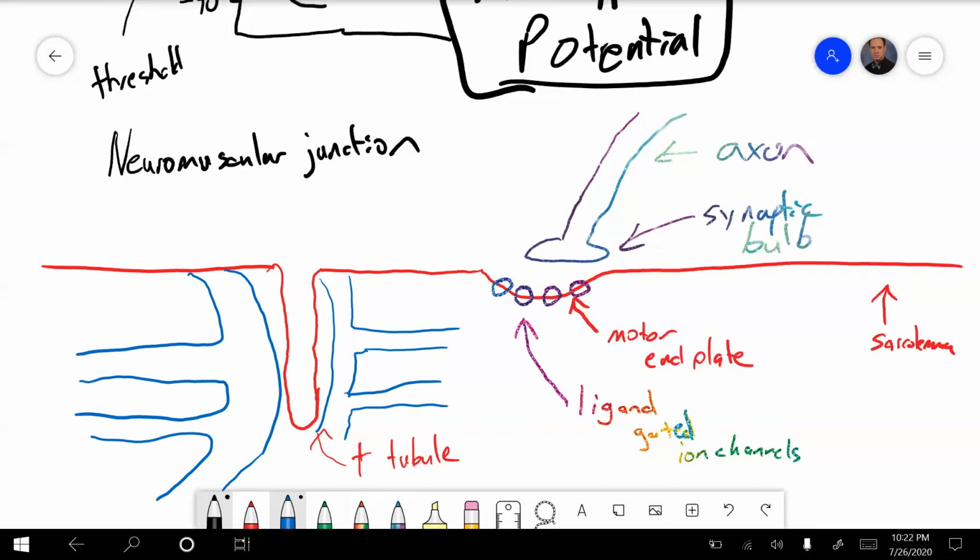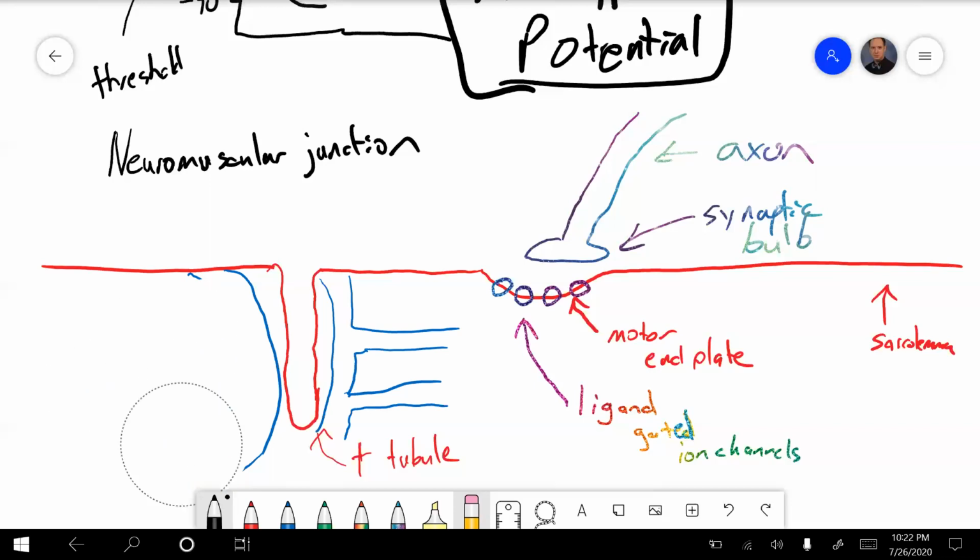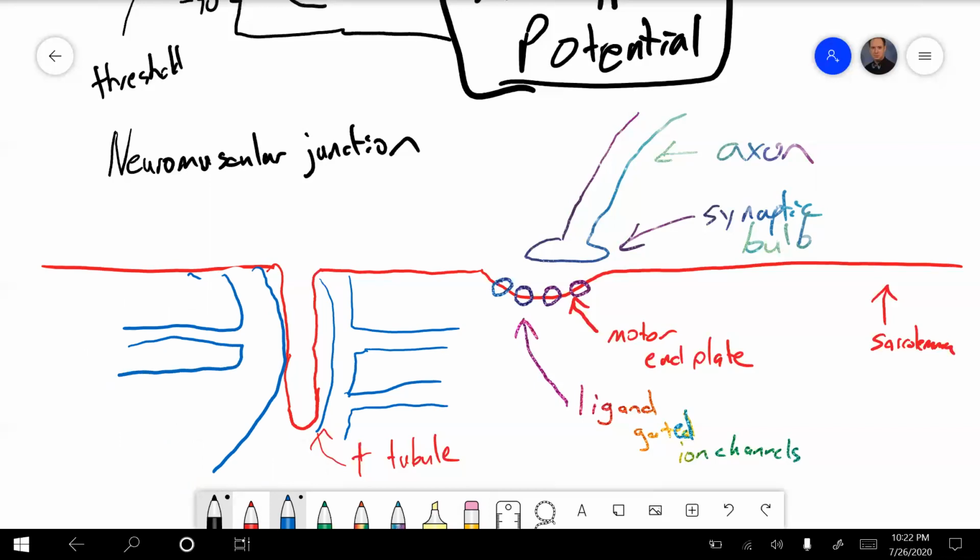And this will be, oh, that's grotesque. Hold on. I guess I care enough about it. That's not much better. All right, so this then is your sarcoplasmic reticulum.